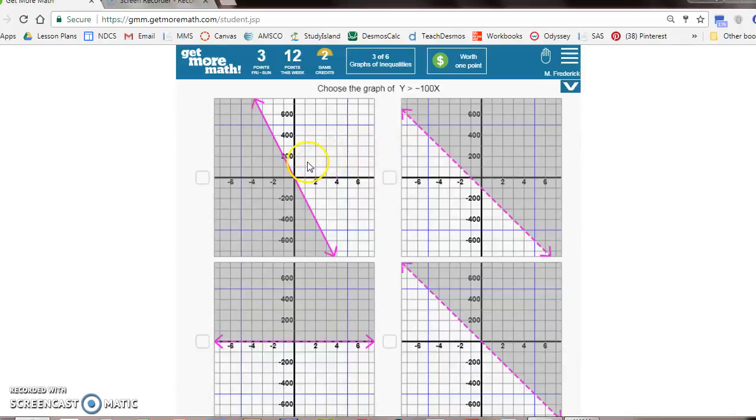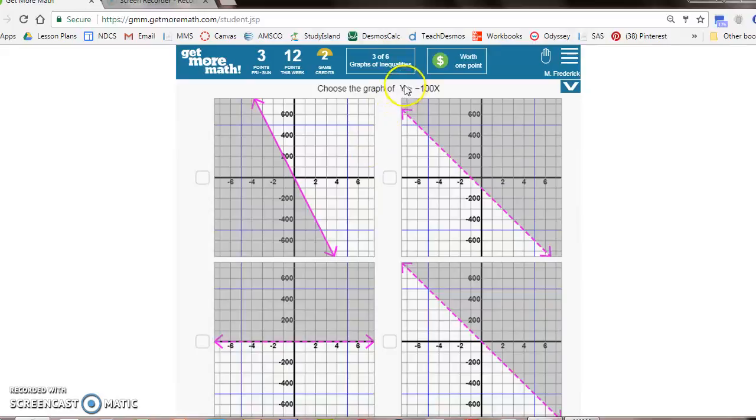Next, we know that our slope is -100, so we should be moving downward from left to right. This is going to rule out our bottom left equation, as that slope is 0.